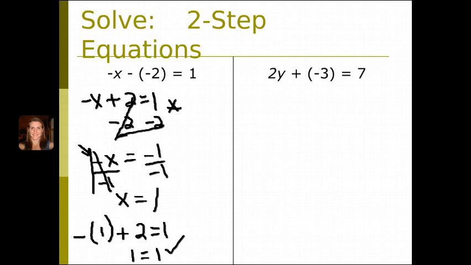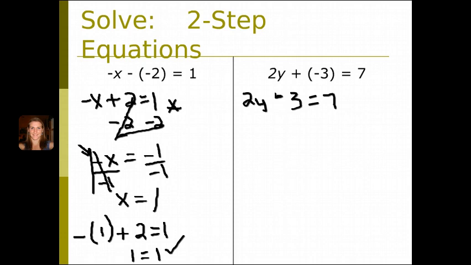Our second example, you've got 2y plus negative 3. So we need to simplify the double sign and simply rewrite this as 2y minus 3 equals 7. Well, now that we have 2y minus 3 equals 7, we've got to get rid of the minus 3.